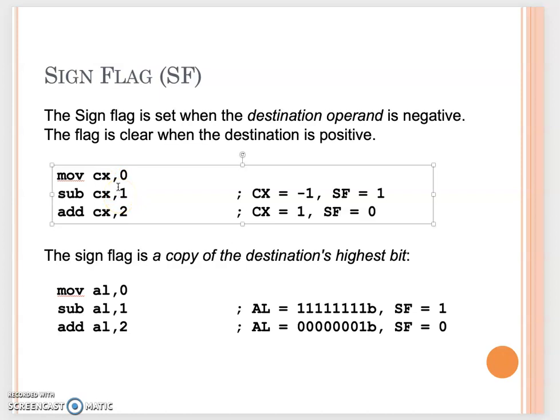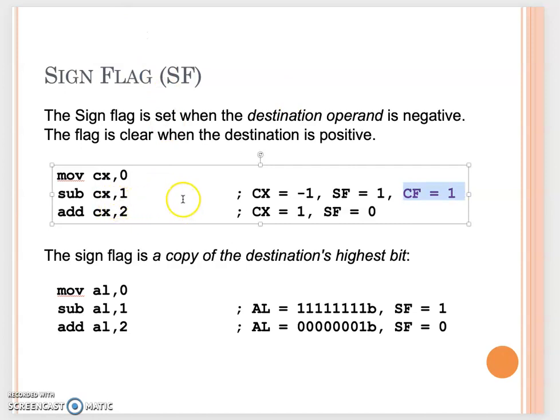So we need to borrow. After you borrow it becomes -1, so your sign flag becomes 1. Your carry flag is also set, because here you do an unsigned integer subtraction, so it overflows and the carry flag is set.